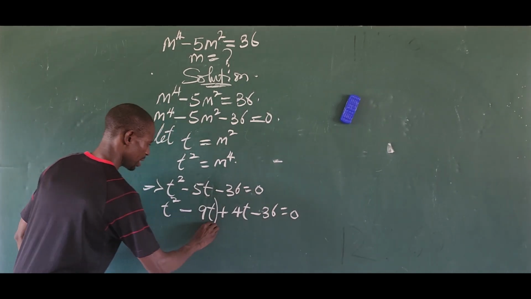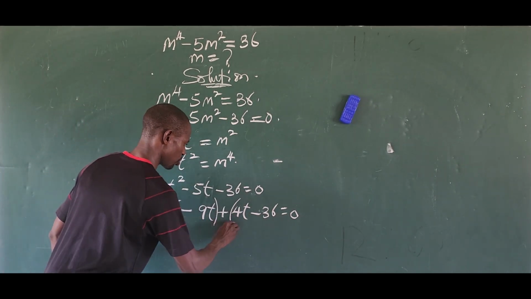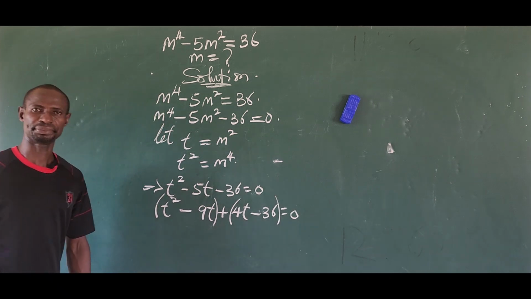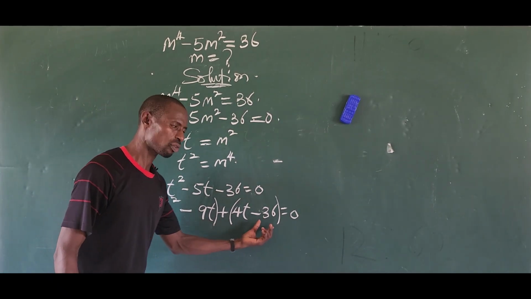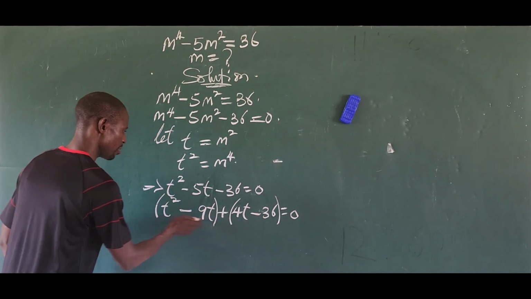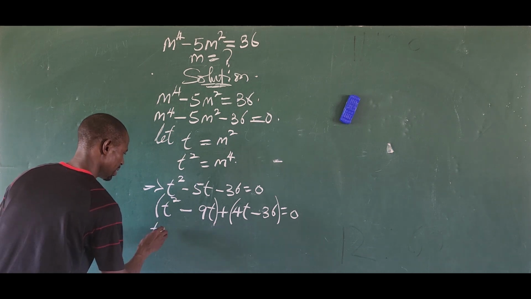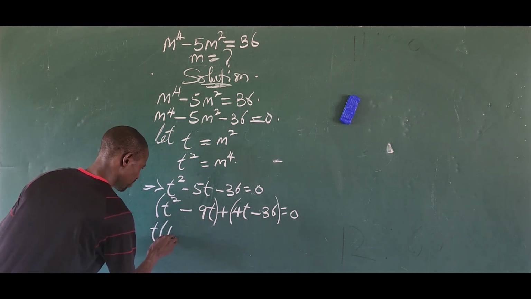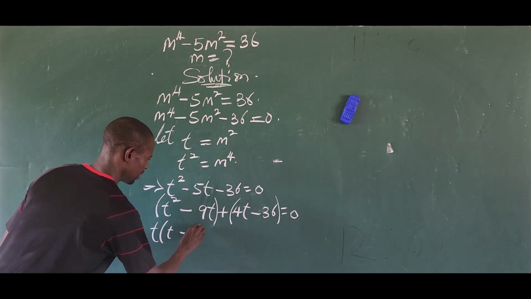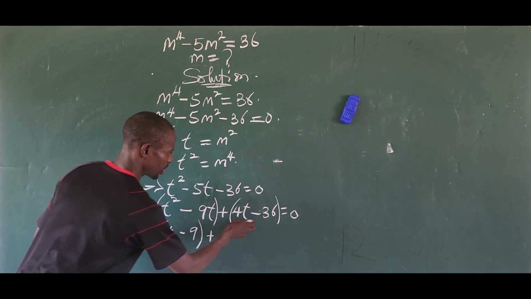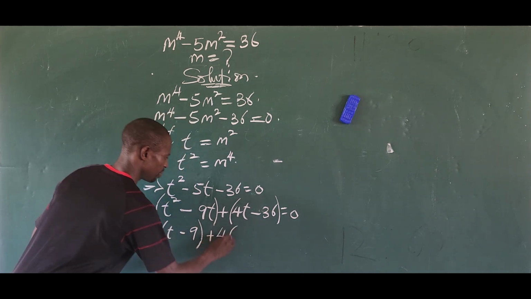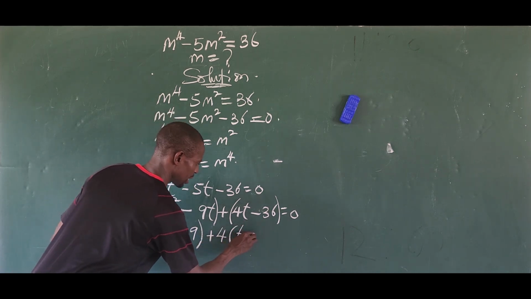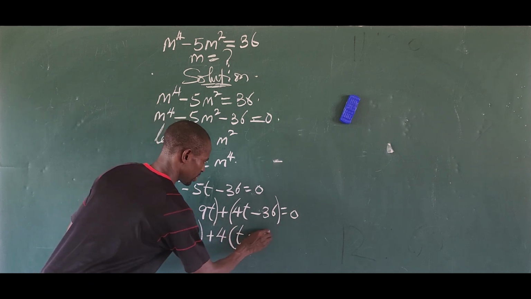So from here, we can put this in bracket, also put this and this in bracket. We factor out terms that are common to each of these brackets. Here we have t common. So we have t bracket, t into t squared will give us t, minus, we are left with 9 here, plus what is common here is just 4. So bracket here, 4 is left out, and here 4 into 36 will give us 9.